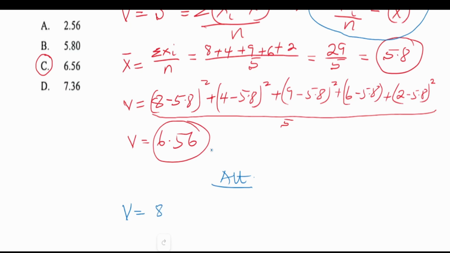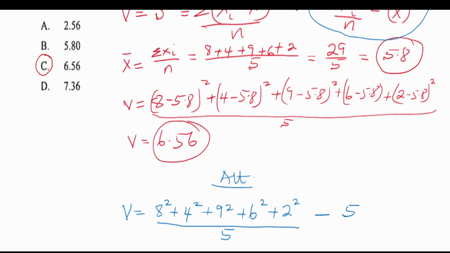So I'll have 8 squared plus 4 squared plus 9 squared plus 6 squared plus 2 squared over 5, because we have 5 values. Then this will be minus the square of 5.8. Then I'll just put that in the calculator to verify.